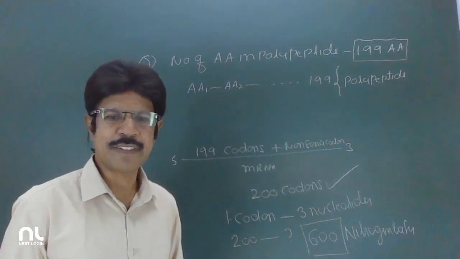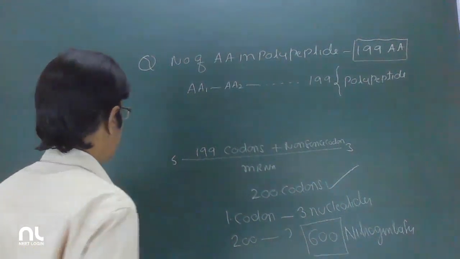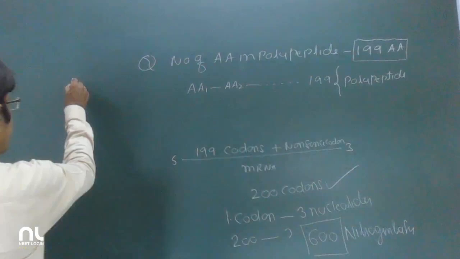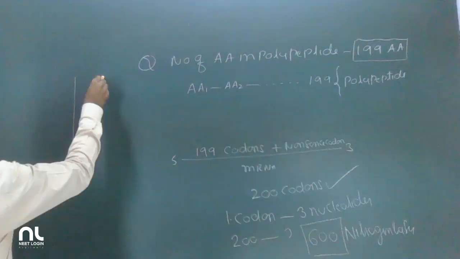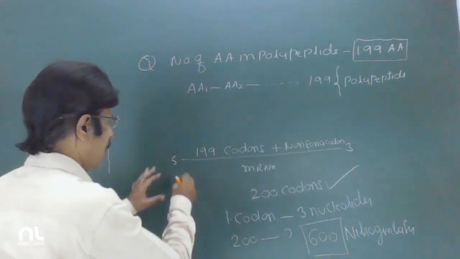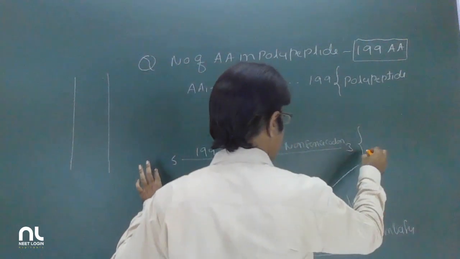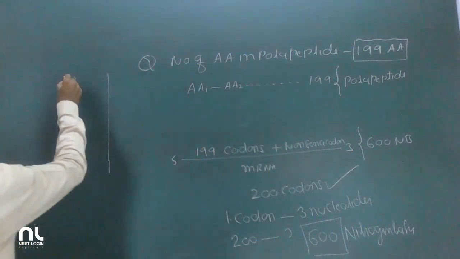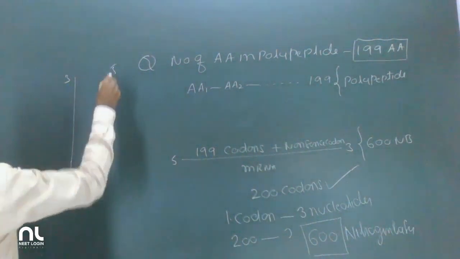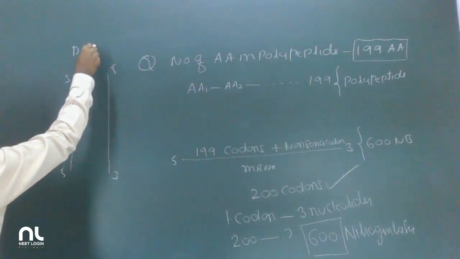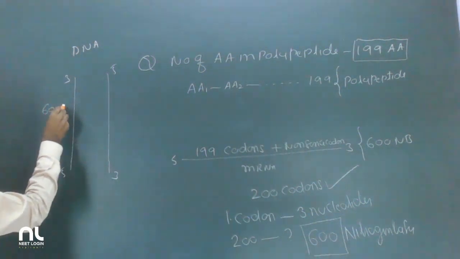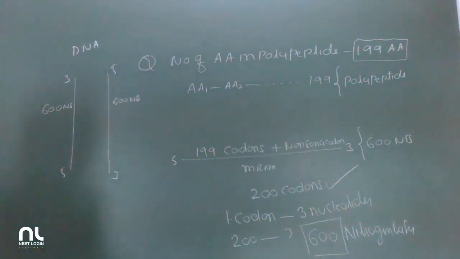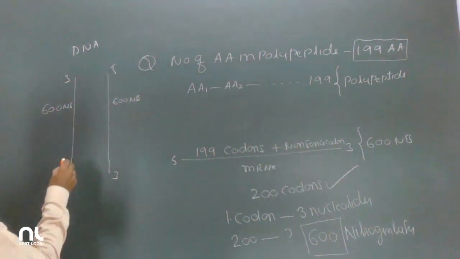So this mRNA has 600 nitrogen bases. This is 3' to 5', 5' to 3', it is DNA. It is having 600 nitrogen bases.